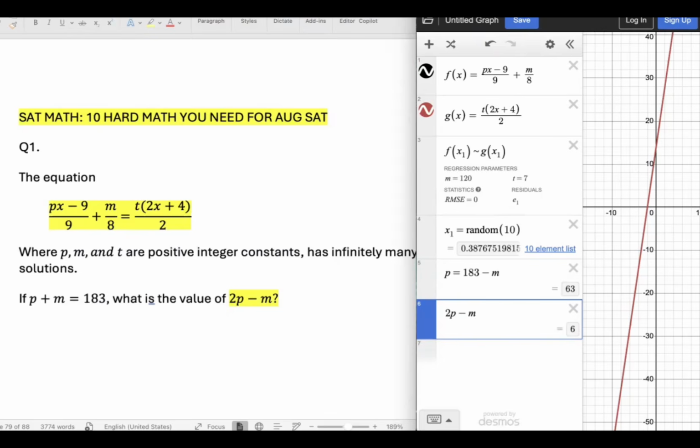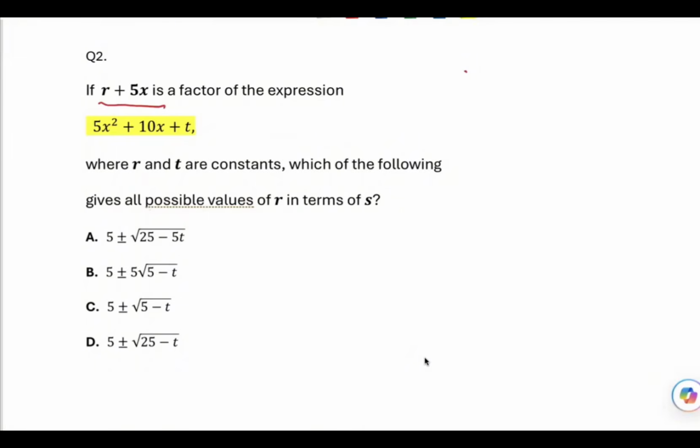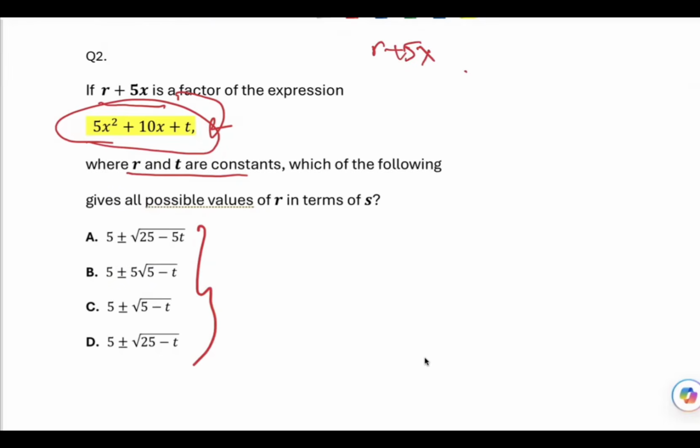So, first question down. This is an expression, and this is what you've been given. They said this is a factor of that. They want you to express r in terms of t, right? This is the answer choice. Well, what you need to understand is that if r plus 5x is a factor, it should be equal to 0. And the factor is based on x, therefore x is minus r over 5. If I put it in this expression, I'm going to get 0.